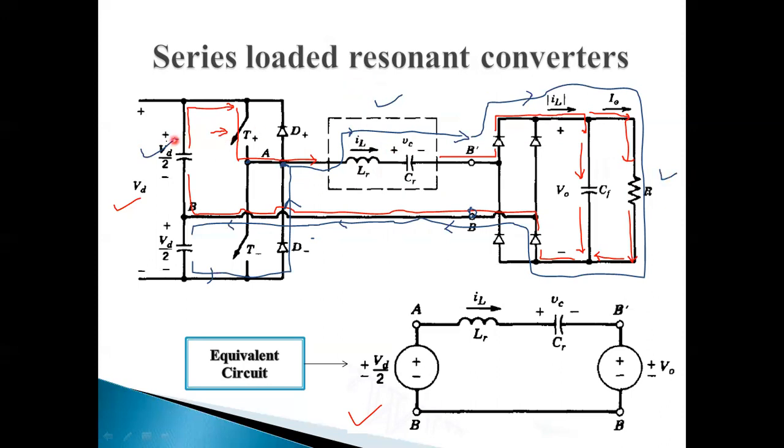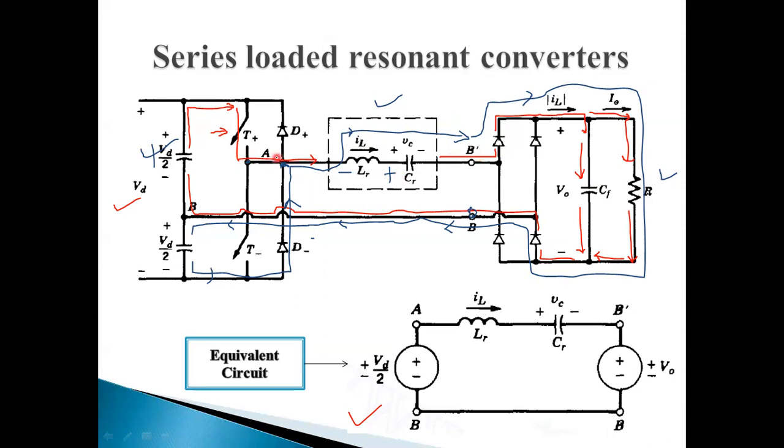But after that, the main source is the inductor and the sink is the resistor. The polarity of this inductor is positive and this is negative, because current flows from positive to negative, not negative to positive.